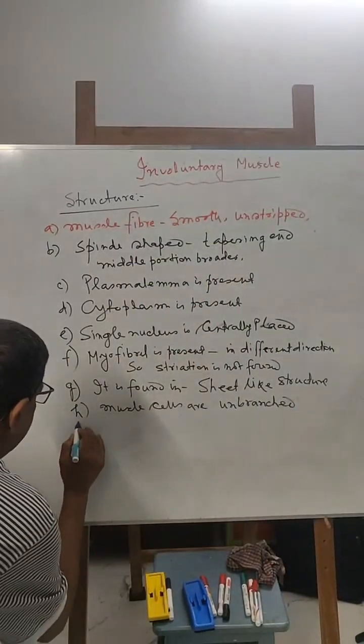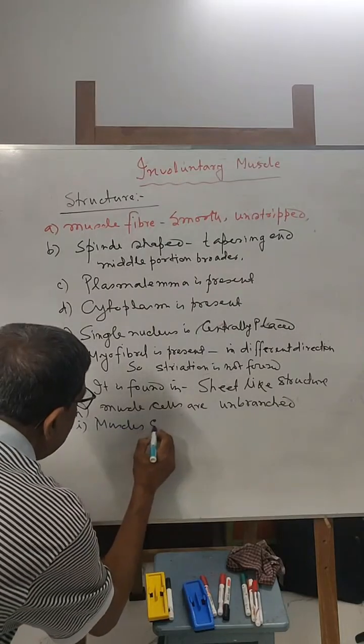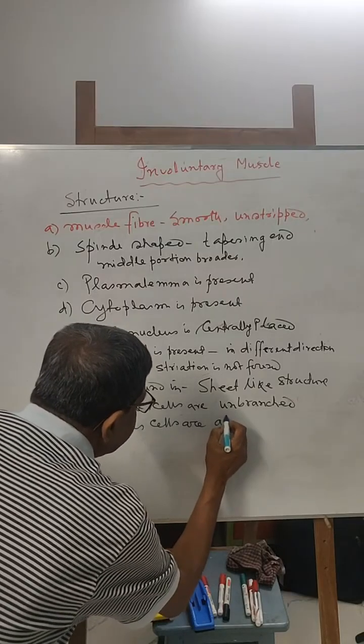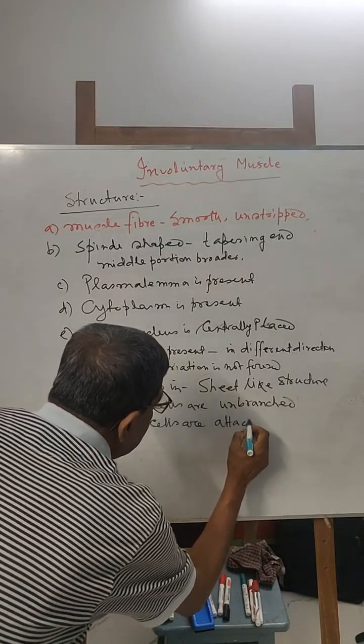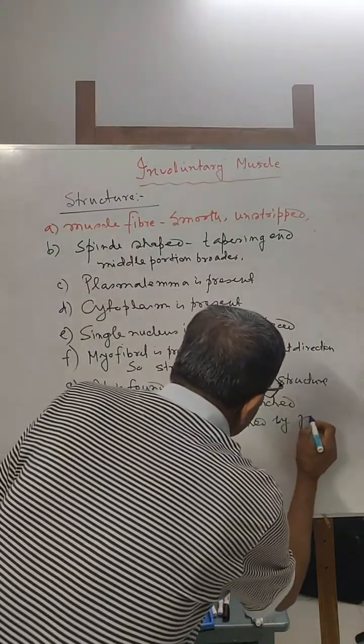The muscle cells are attached by cell junctions.